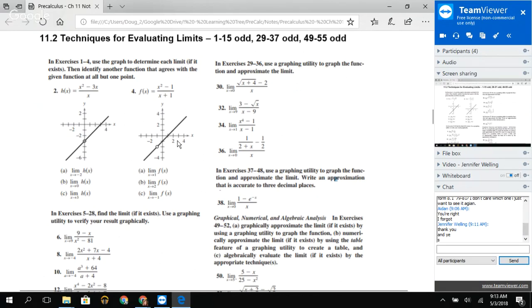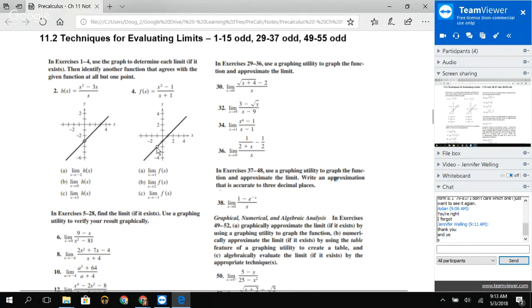So what we learned is that if we want to find the limit, for example in part C, parts A and B are easy, right? The limit as x approaches 1, I can just look right here. When x is 1, my function equals 0, so it's 0. But what happens as x approaches -1?